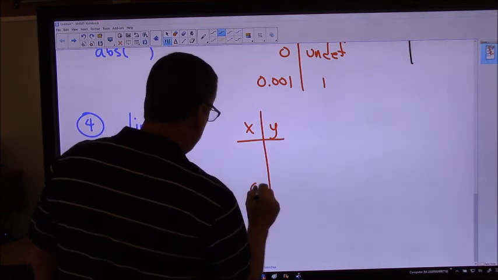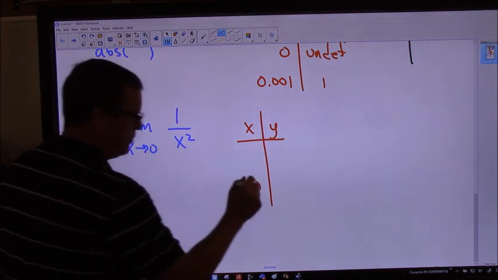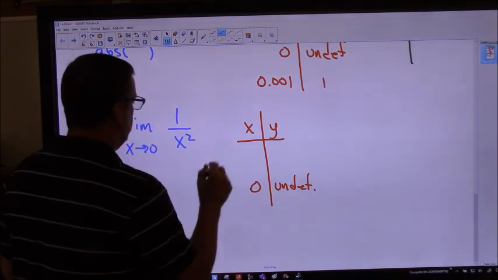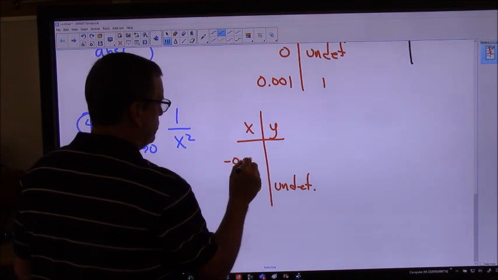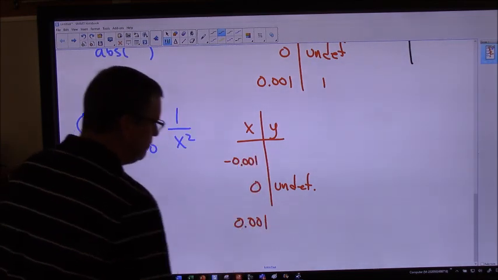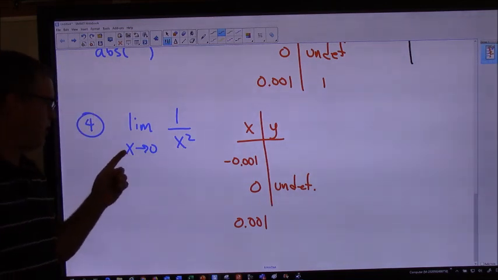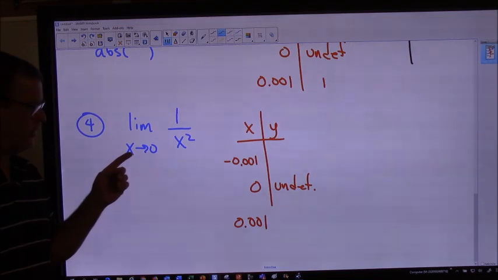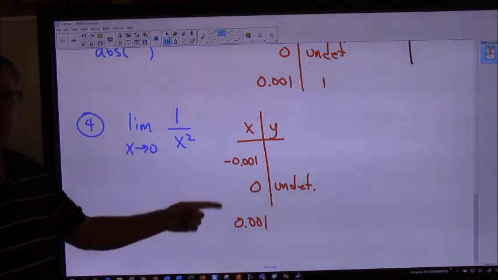If x equals 0, 1 divided by 0 is undefined. If I plug in a negative 0.001 and a positive 0.001, limits as x approaches 0 are pretty common, so using these two numbers is going to happen a lot.